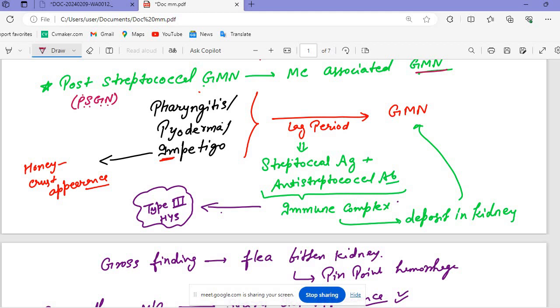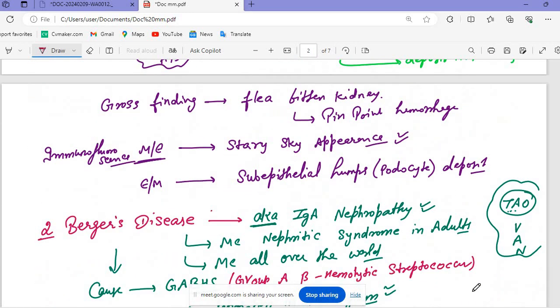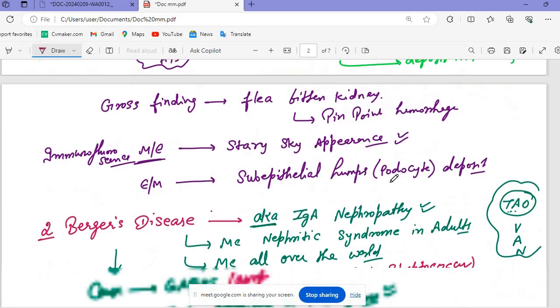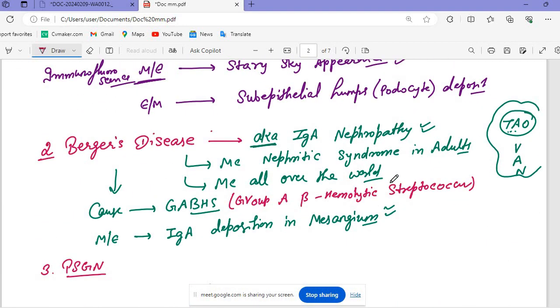A lag period will be there, which then leads to glomerulonephritis with immune complex deposition. In the gross findings, we see a flea-bitten kidney with pinpoint hemorrhages. In PSGN we have immune complex deposition, and in Berger's disease we have IgA deposition in the mesangium.